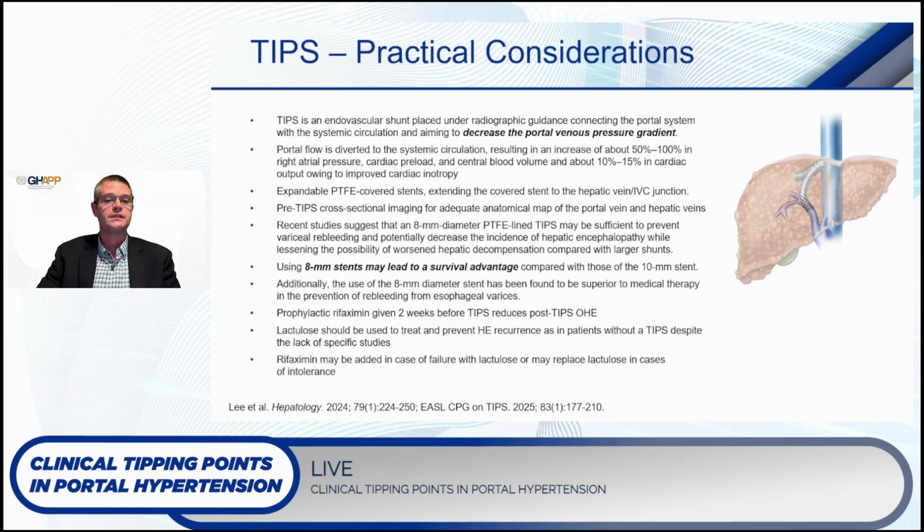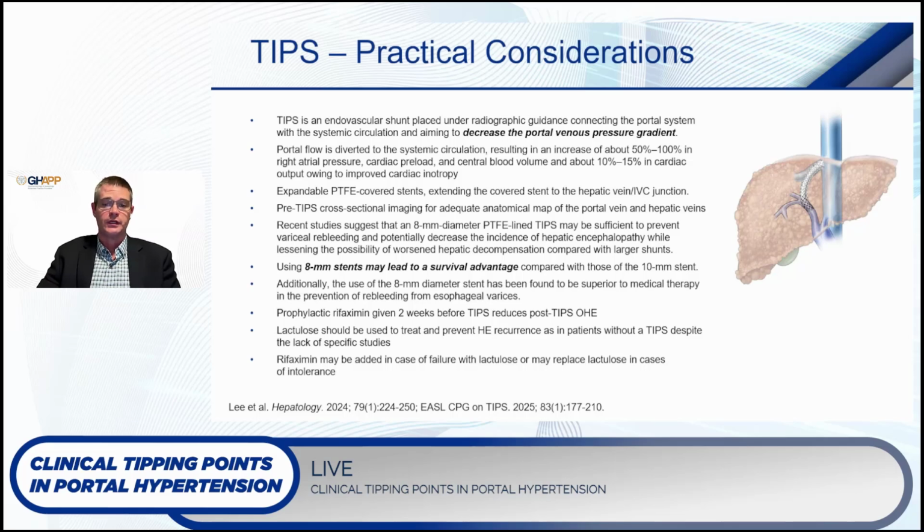So, practical considerations for TIPS. Just to reiterate, TIPS is an endovascular shunt procedure. It is usually placed under radiographic guidance, and it's essentially connecting the portal system to the systemic circulation. And the goal, of course, again, is to decrease the portal venous pressure gradient, as you've heard about several times this evening.